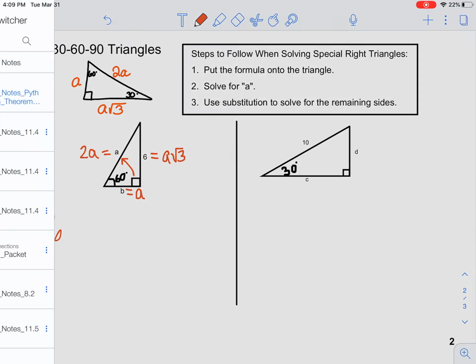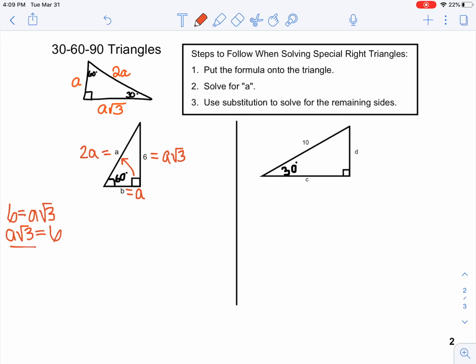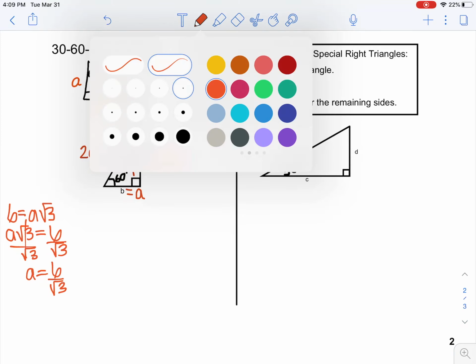Then I'm going to divide both sides by the square root of 3. So I have A equals 6 over root 3. And again, notice that my denominator is a square root, and we don't want that.